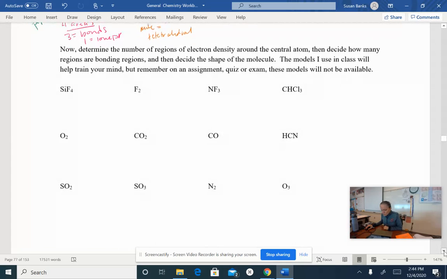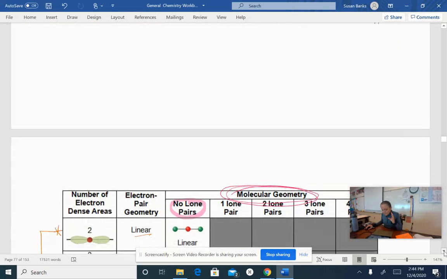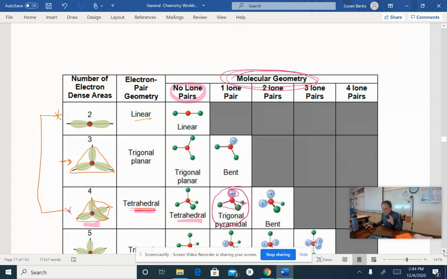Okay, so if I check that chart, I have 2 areas that are lone pairs and I have 2 areas that are bonding, which means I do have a tetrahedral electron shape. I have 2 lone pair areas, so that means I have a bent geometry. My molecule will be bent, and so it will actually be like this.